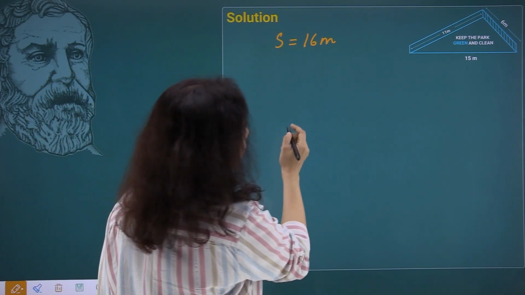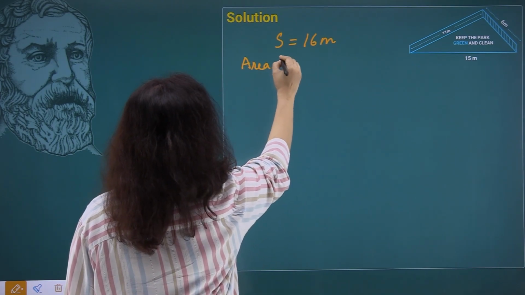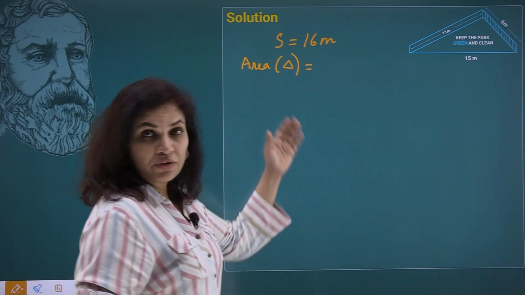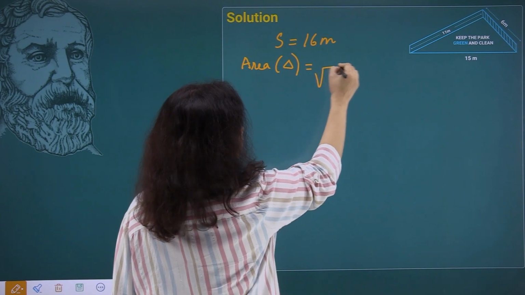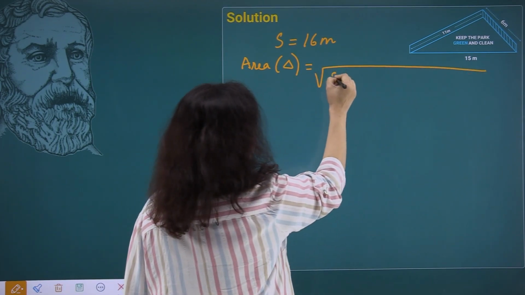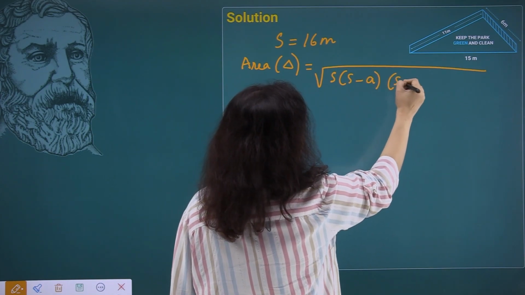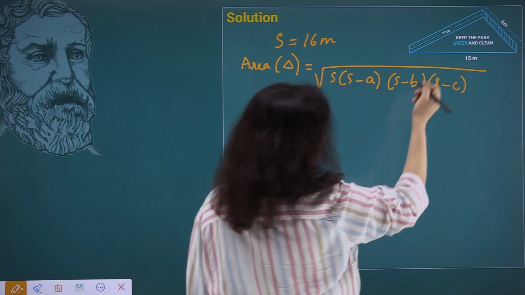Area of the painted region is equal to under root of S into S minus A into S minus B into S minus C. Let us name the sides.